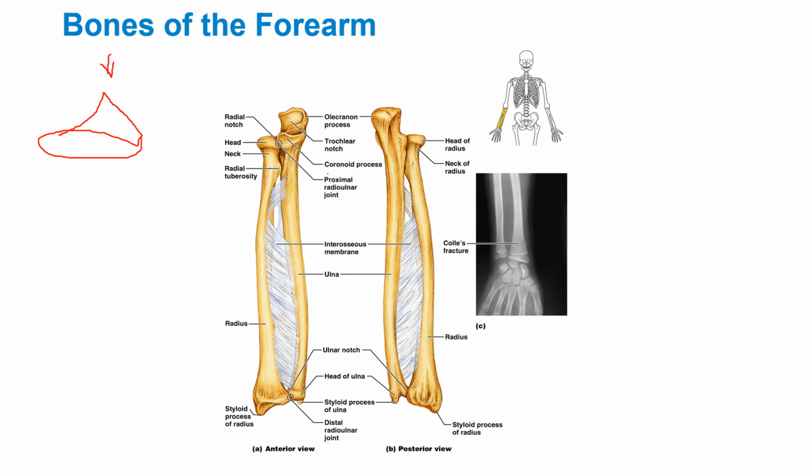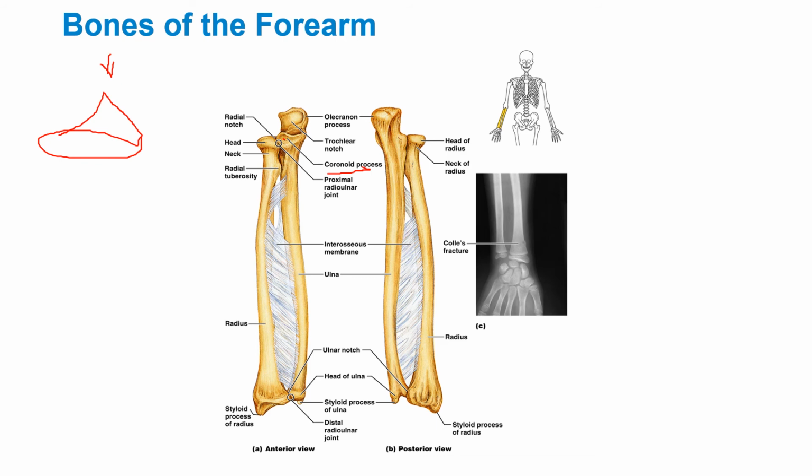So coronoid process is right here, and it kind of looks like a crown. And that's the one that's going to fit into the coronoid fossa of the humerus. When you flex your elbow, it has to fit into a spot, just like the radial head has to fit into the radial fossa. That's anteriorly.